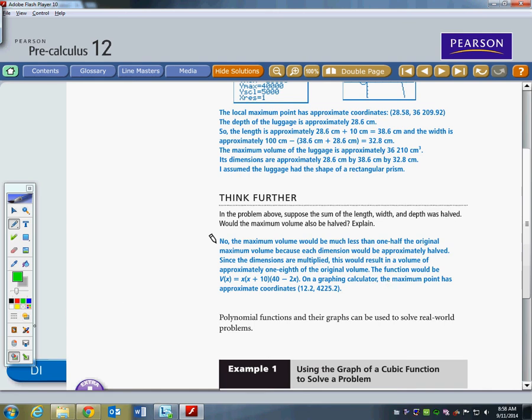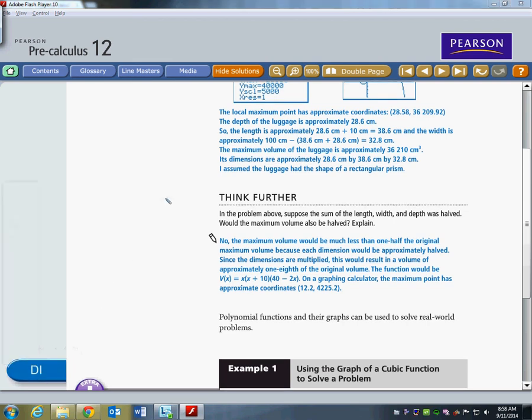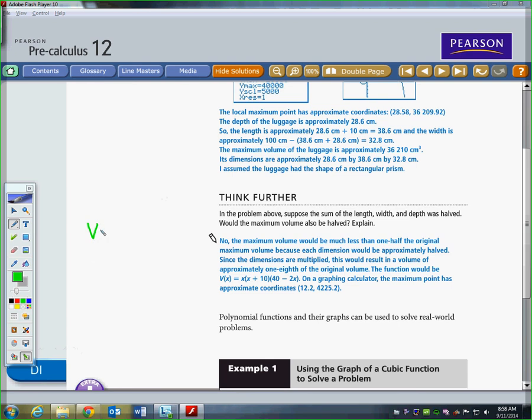Okay, they're taking a little bit of a shortcut, but I think the point that they're making here, I want to write on it again, is since the volume involves the 3 dimensions, length times width times height, if we were to multiply each of these dimensions times 1/2, if we were to make each of these half of what they originally were, what kind of effect would that have on the volume?